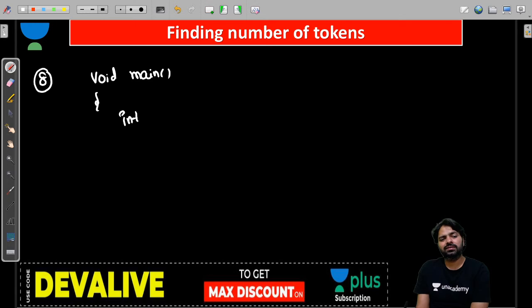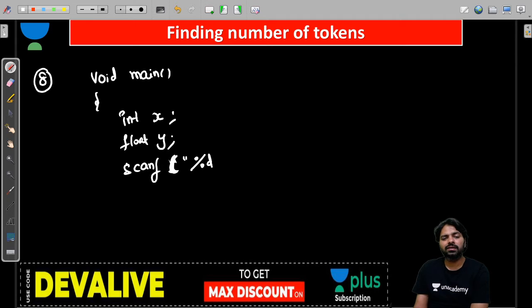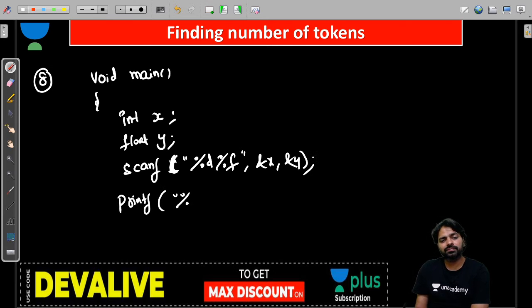Okay, int x, float y, scanf, %d %f, address of x comma address of y, and printf. Now try to understand how many tokens you have.